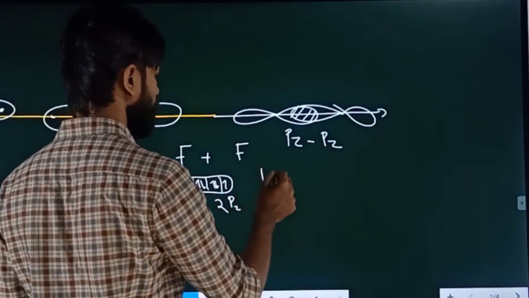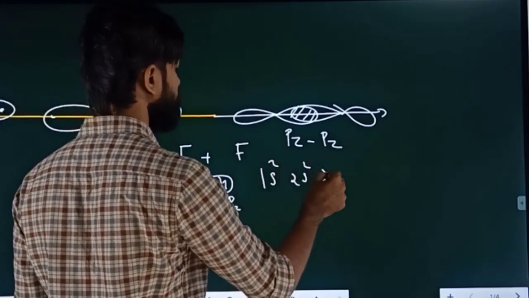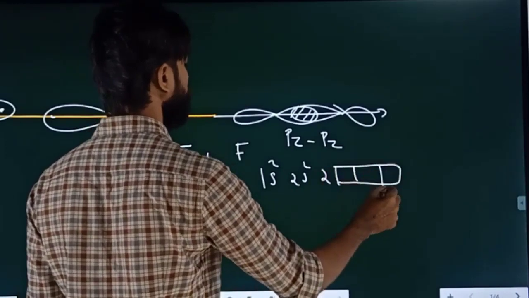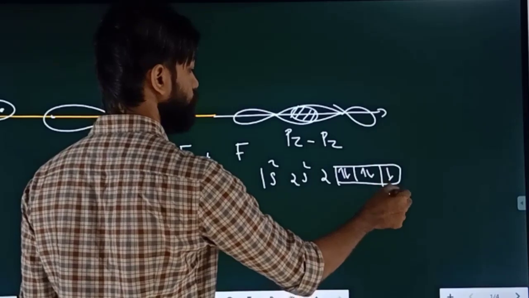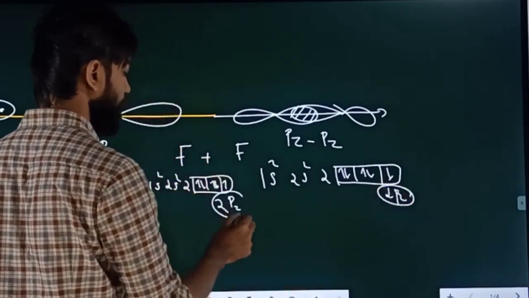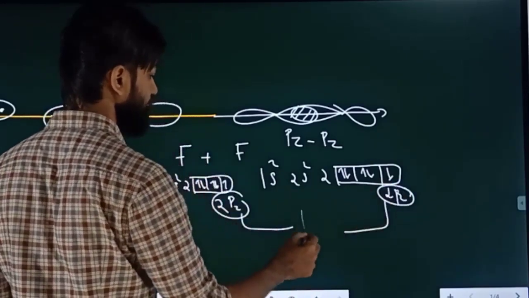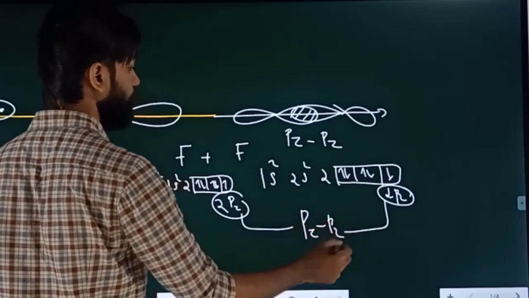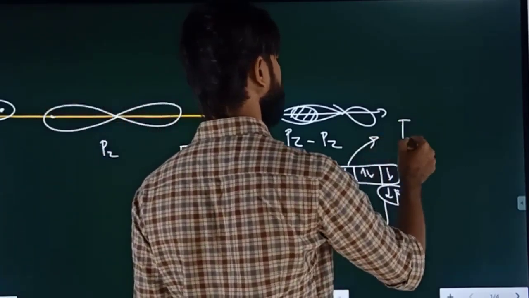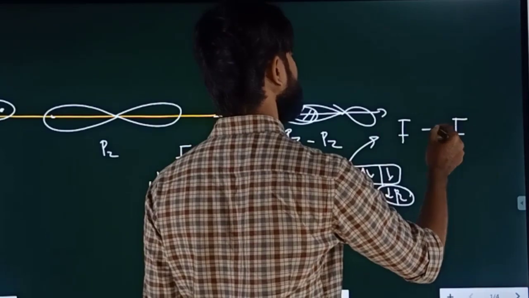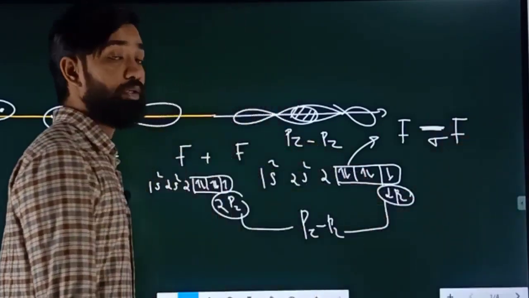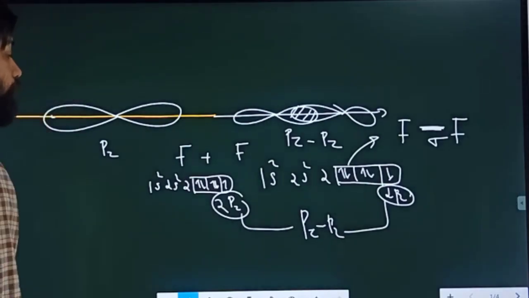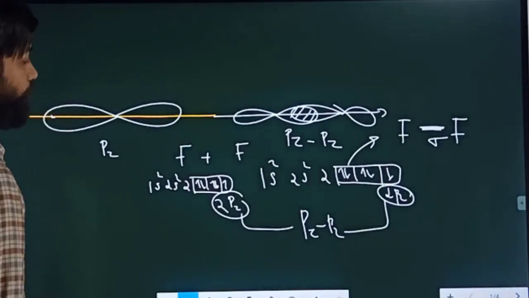What about the next fluorine? 1s2, 2s2, also has a 2pz. When these two unpaired electrons get overlapped, there is a pz-pz overlapping, and due to that overlapping there forms a bond. That bond is the F-F single bond, which should be a sigma bond. Okay, ready? Okay, fine.